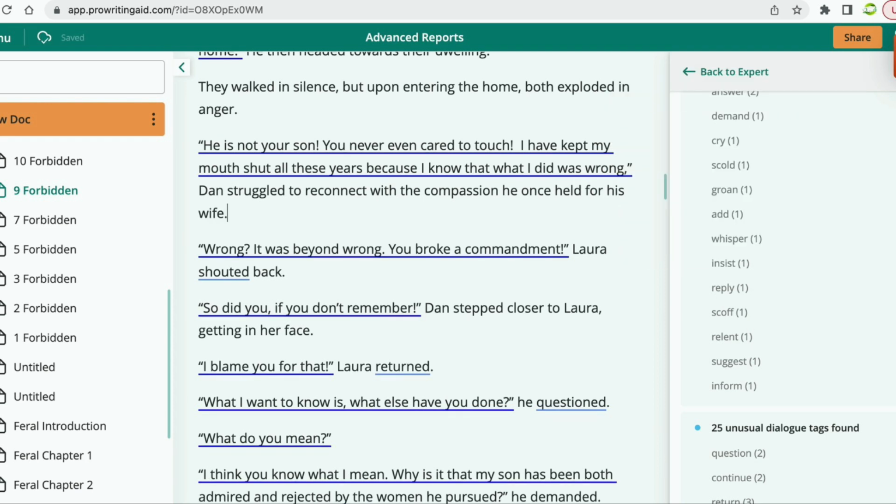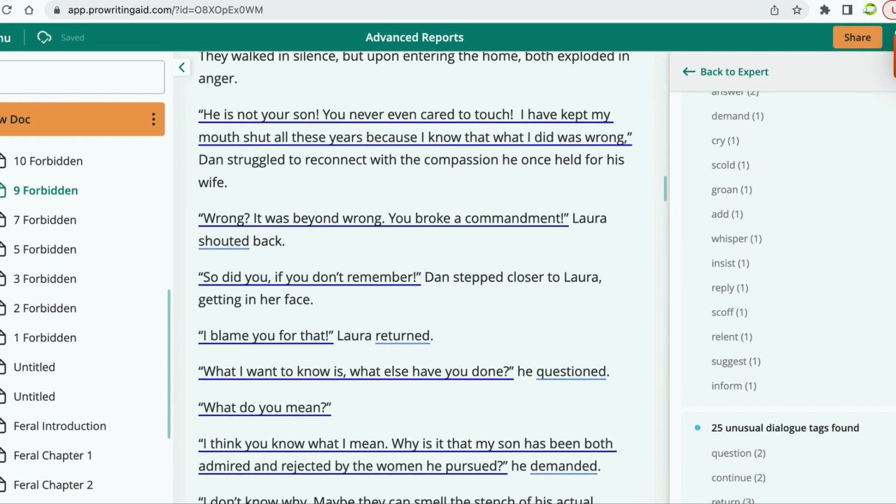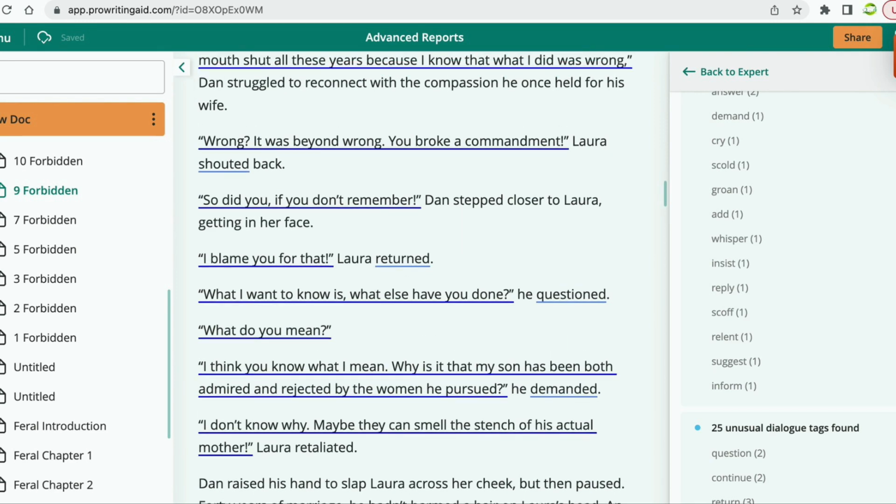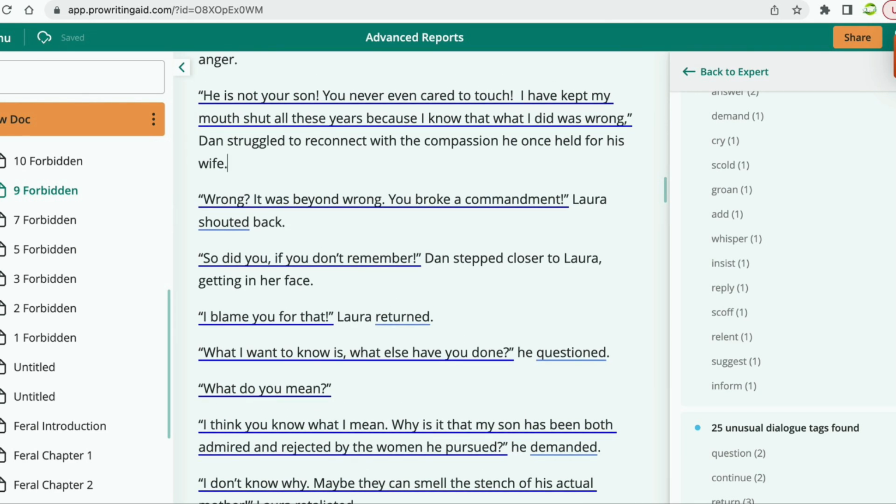Okay, so Dan struggled to reconnect with the compassion he once held for his wife. So, I like that.